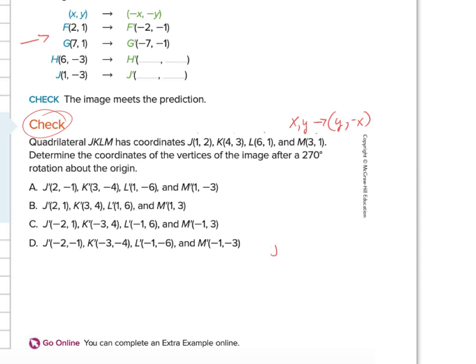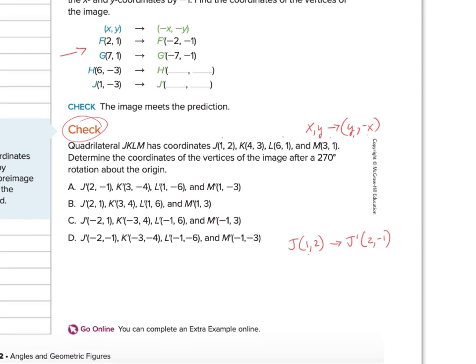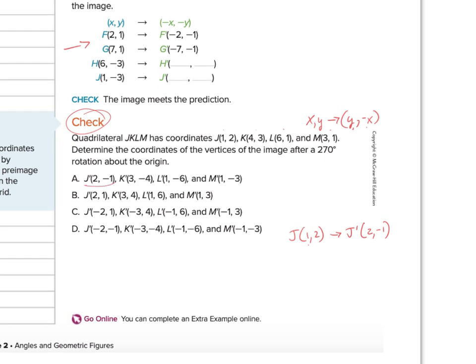Pick J. J is (1, 2), and J prime should be mapped to my y value as my new x value. And then this is going to be negative x. x is 1, so it's going to be negative x. So J prime should be (2, negative 1), (2, negative 1).